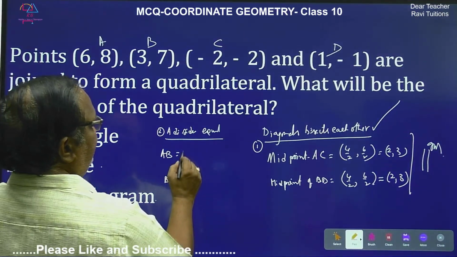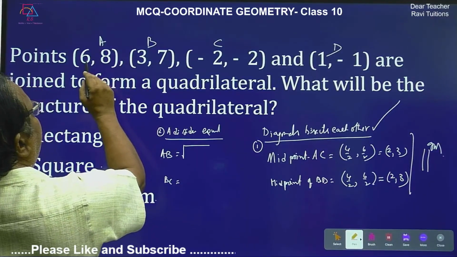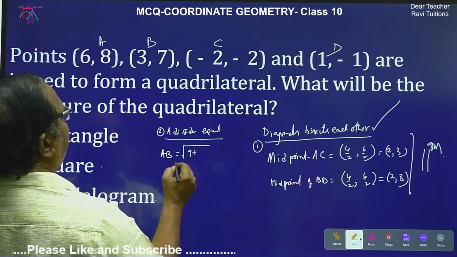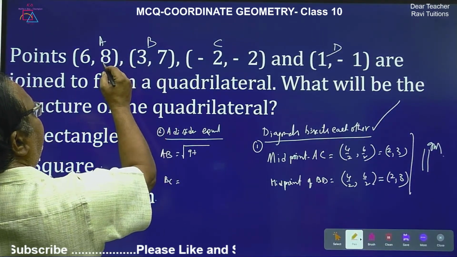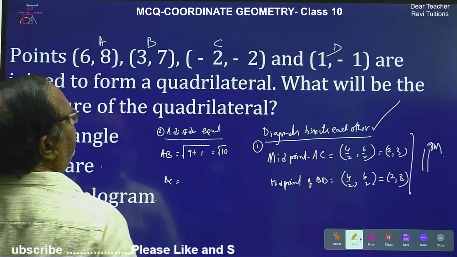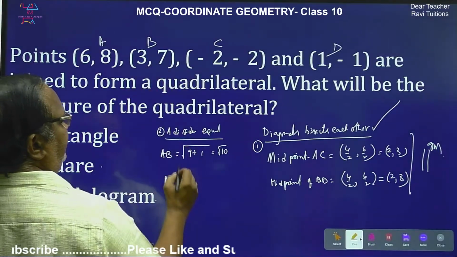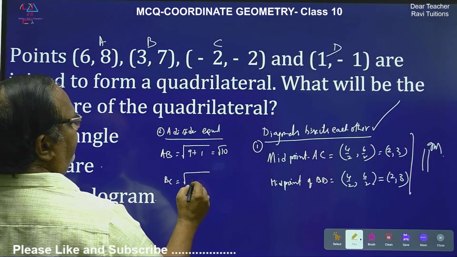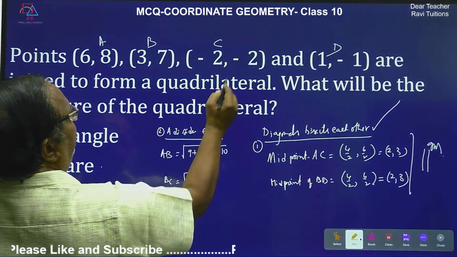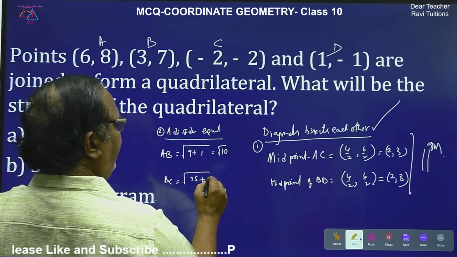AB, distance formula you have to use. AB means 3 minus 6 is minus 3, minus 3 whole square is 9, plus 7 minus 8 is minus 1, minus 1 whole square is 1, so 10. Now BC: minus 2 minus 3 is minus 5, 25, plus minus 2 minus 7 is minus 9, so 81.